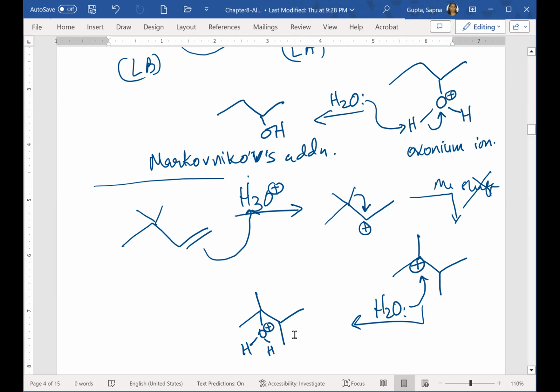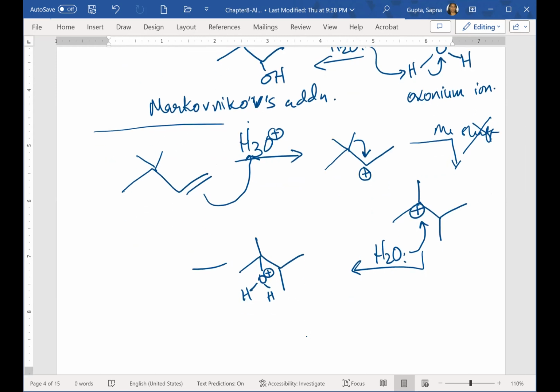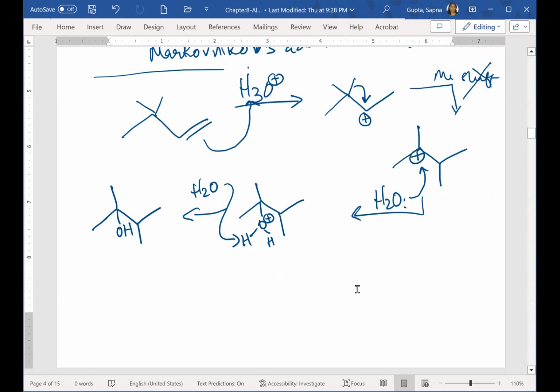So here, make sure that you have your oxonium ion, and then finally you will have the water pick up the proton. You can skip the second arrow if you want, okay? That you can do. I will tell you what you all did, and don't do that. Finish writing this and then I'll tell you.